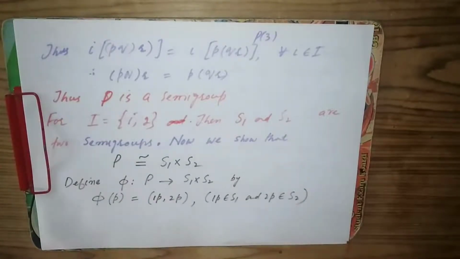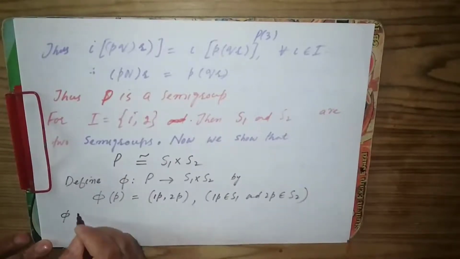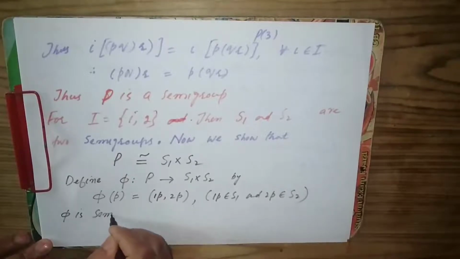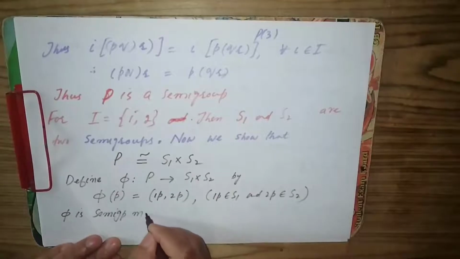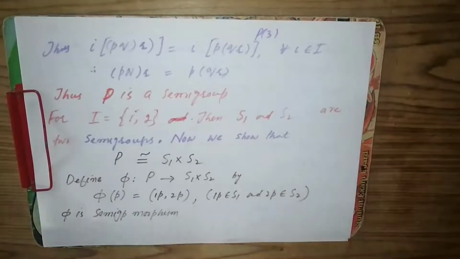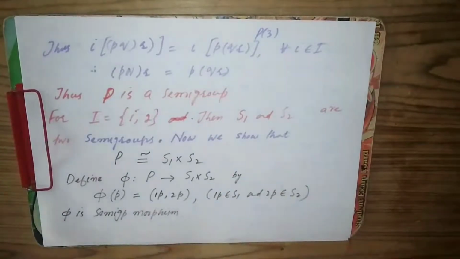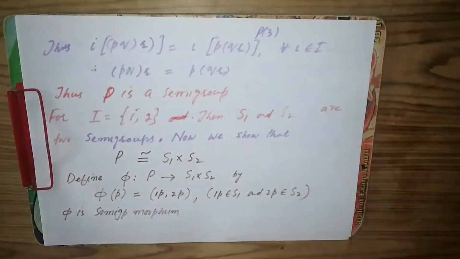So it's a map from P to S1 cross S2. Next we verify that this map is a semigroup morphism, and then we show that it's also one-one and onto. So first we prove that phi is a semigroup morphism. So let's prove this.